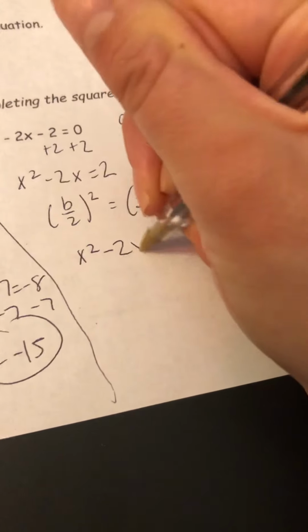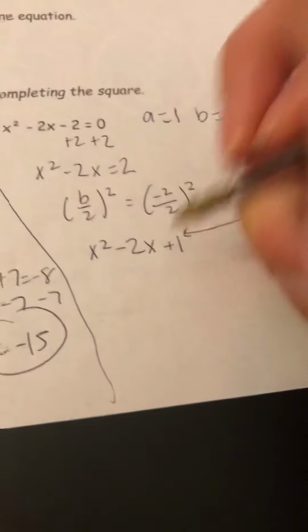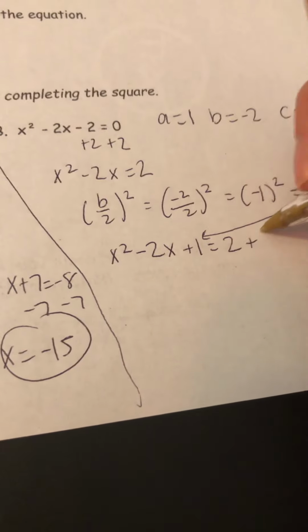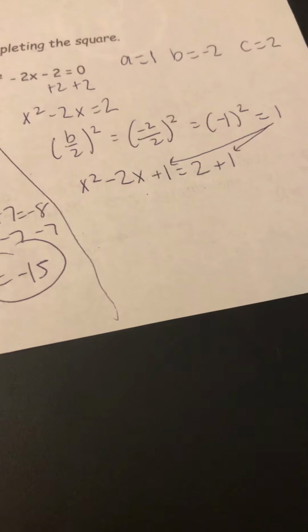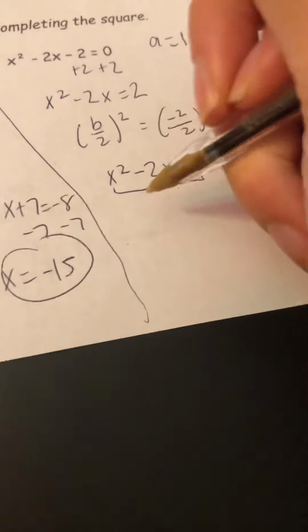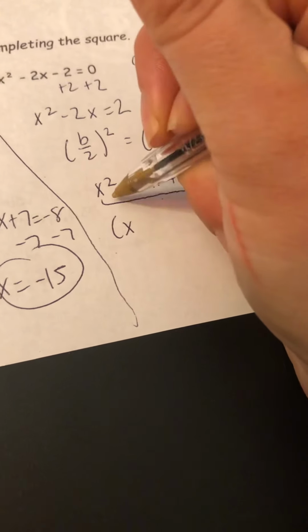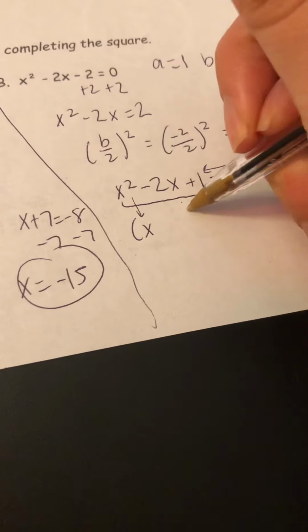So now that positive 1 is going to get plugged into both sides. So I have x squared minus 2x plus 1 is equal to 2 plus 1. We do it to both sides to keep it balanced. Now I need to factor this. Because it's a perfect square trinomial, that x will come down. The x, it's not x squared, it's x, because this whole thing is going to get squared.